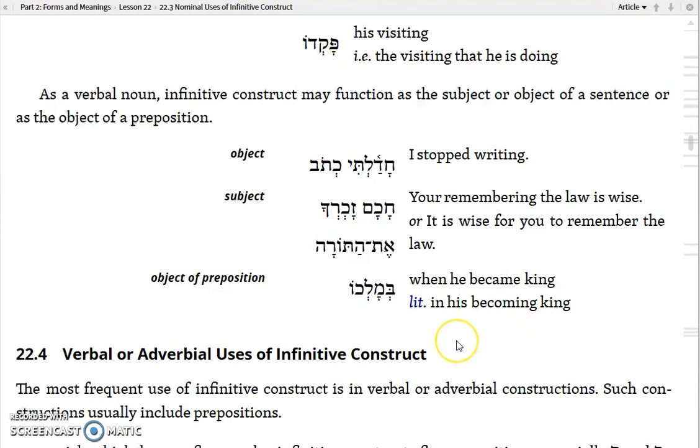But literally in the sense of when he was reigning. It's that kind of idea. And what you have to do is take the verbal idea, take the subject, kind of play with it and make it fit the context in order to translate it. It doesn't necessarily translate mechanically.